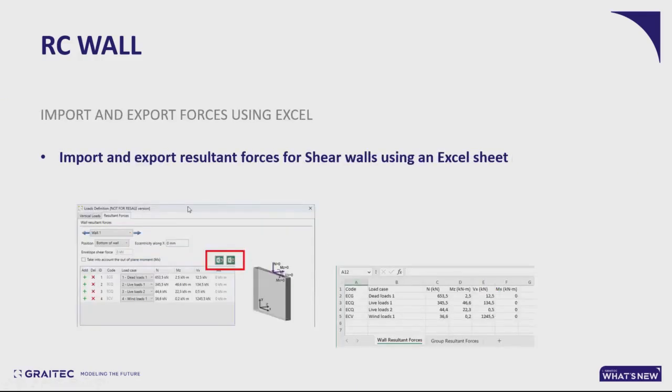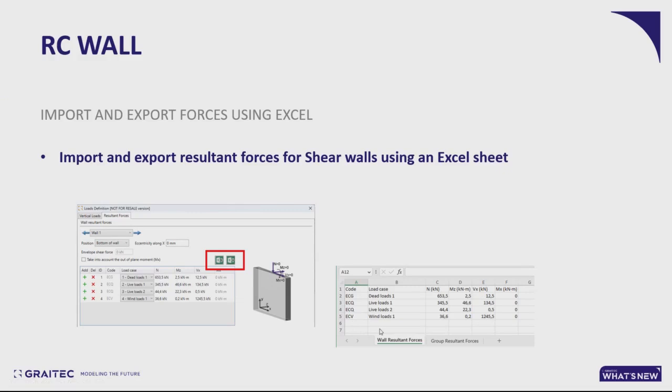For a shear wall, now it's possible to import and export the resultant forces using an Excel sheet. So basically, all of the shear, moment, and so on, as a resultant force which is going to be applied to the shear wall design, can be imported as you see here, or exported to Excel.